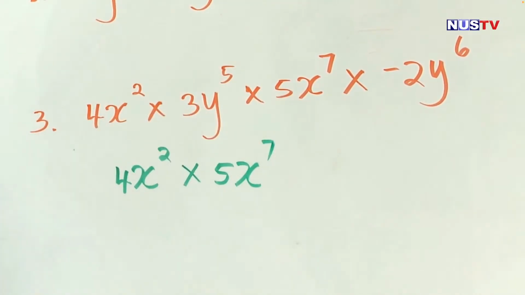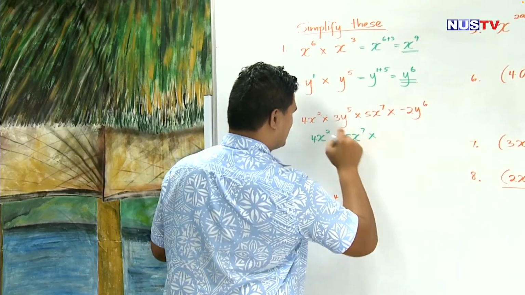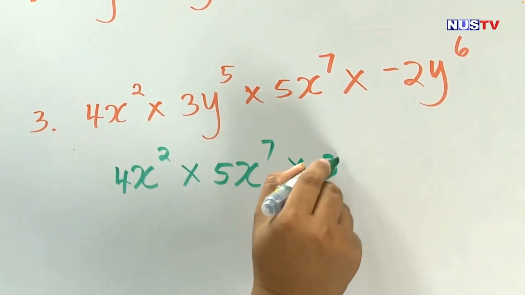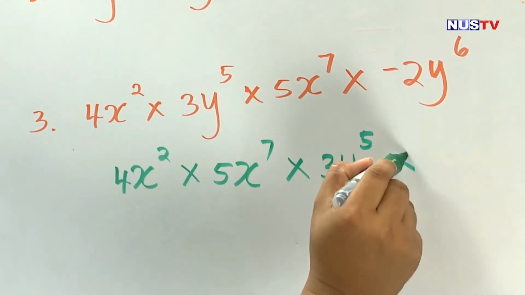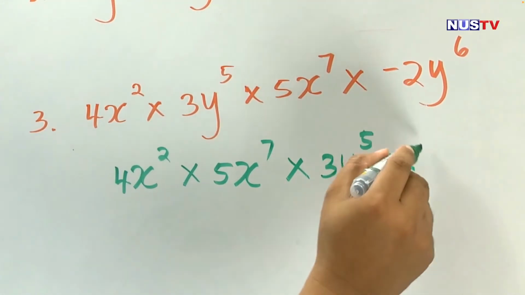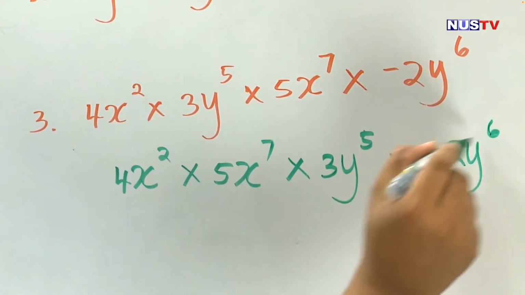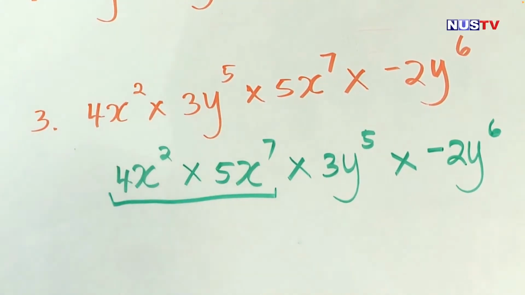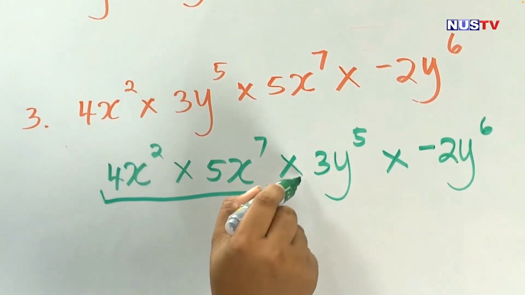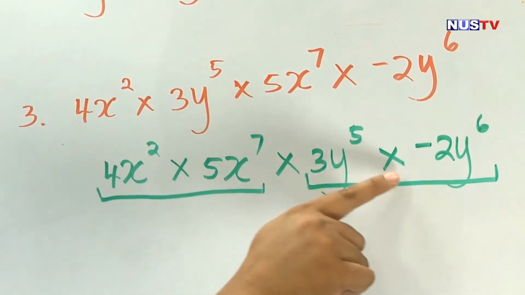So we're good with our variable x. What about our variable y? Now we have 3y to the power of 5, and then the last one, negative 2y to the power of 6. So now we have the collection of x here and the collection of y here, and all of that is multiplied.